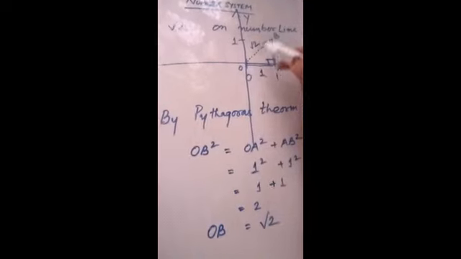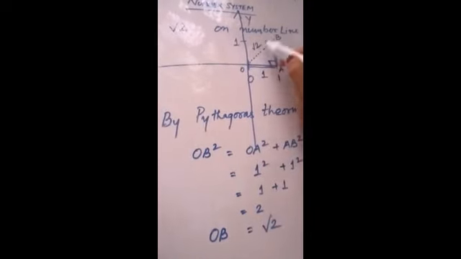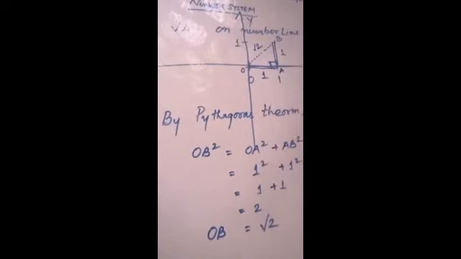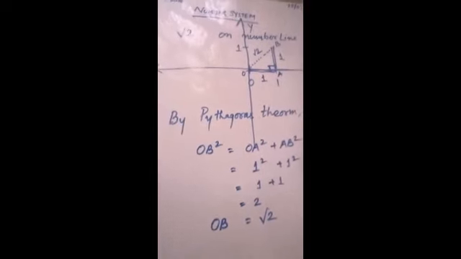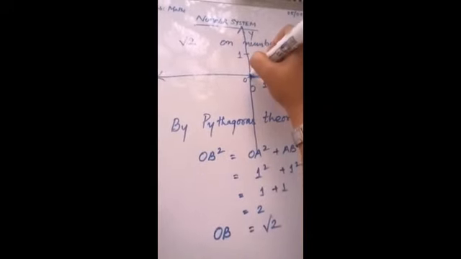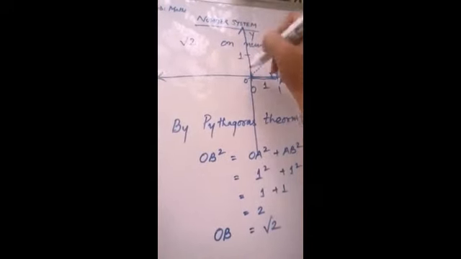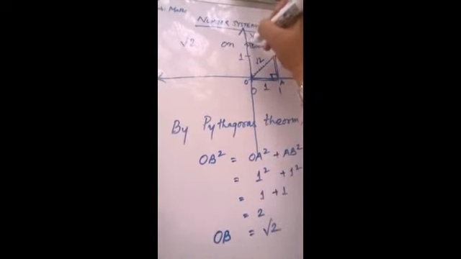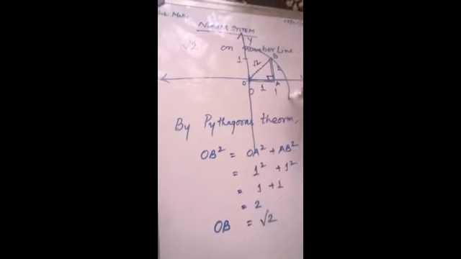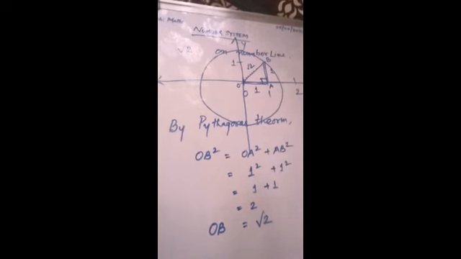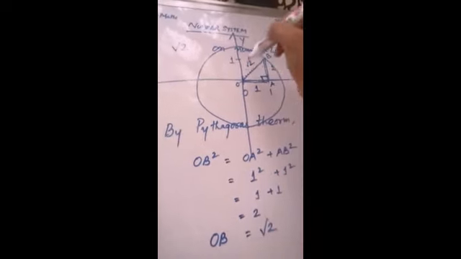Now this is not on the number line. This is away from the number line. Now I need to plot this on the axis. How will I do that? Considering O as the center and OB as the radius, if we consider an imaginary circle. I'm not good at drawing, please adjust.